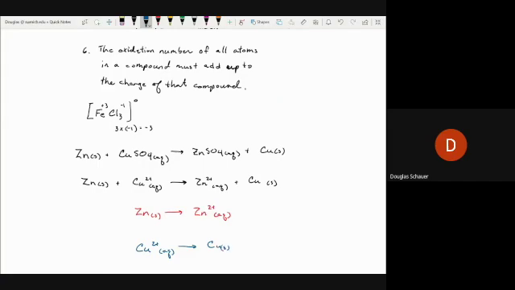Okay, so to figure out how many electrons are being transferred here, we just look at the change in oxidation number. Zinc is in its elemental form, so it's 0. Zinc 2 plus has a +2 charge, therefore its oxidation number is +2. Okay, so if zinc is going from 0 to +2, that means it must be losing 2 electrons, which means it's being oxidized.